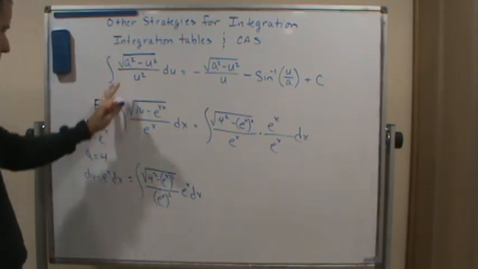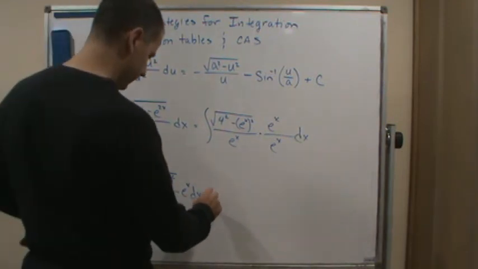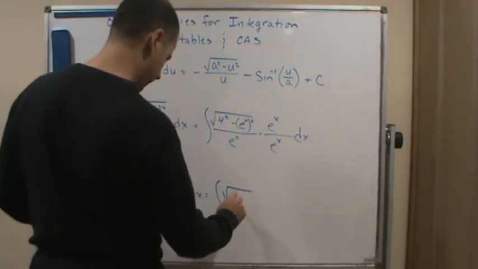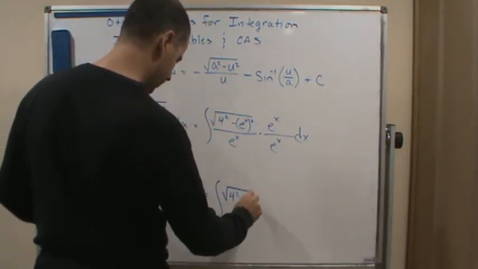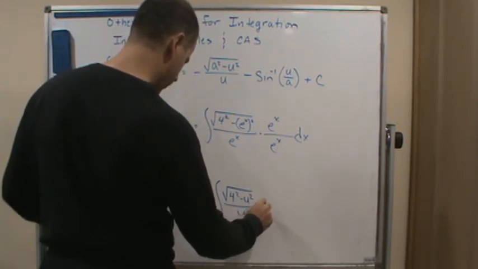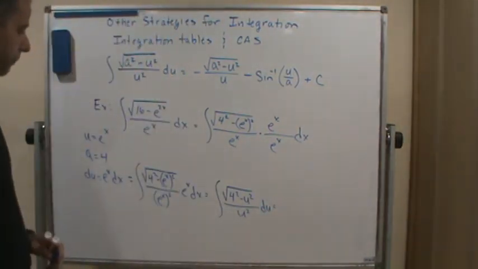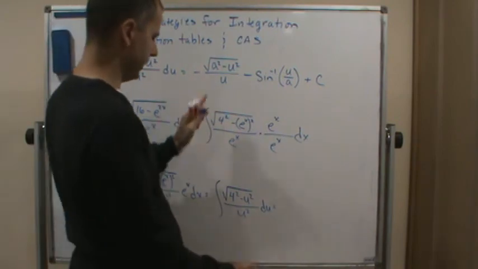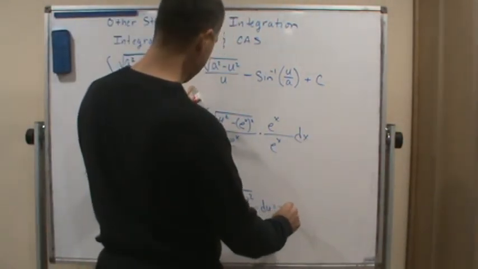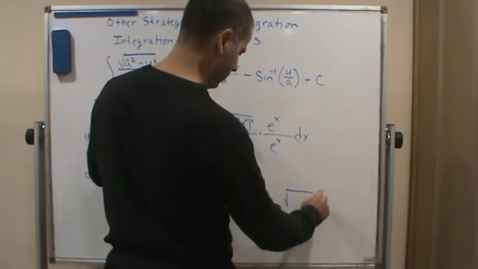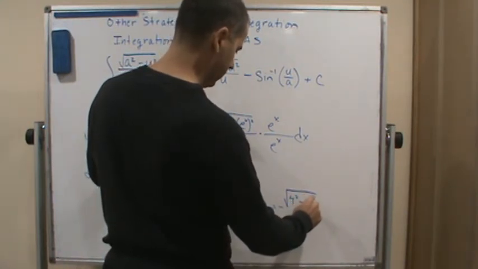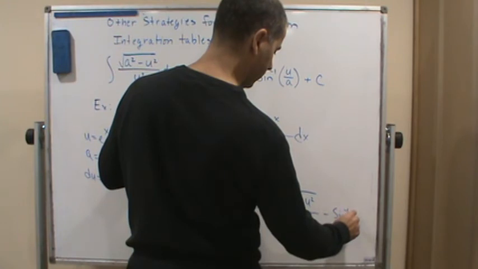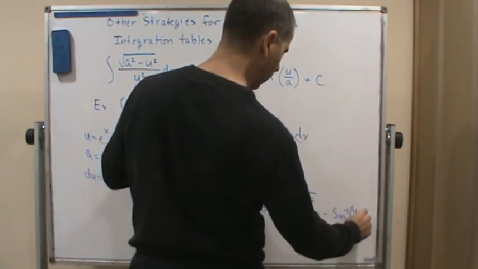If you want to write it as a u substitution, you could just say this does fit the form, so it'll be 4 squared minus u squared over u squared du, where a is 4 and u is e to the x. Writing it in this form, I get negative the square root of 4 squared minus u squared over u, minus inverse sine of u over a, which is u over 4, plus c.